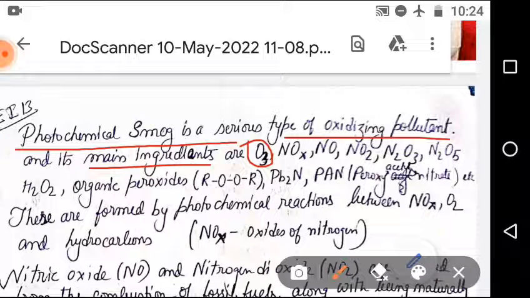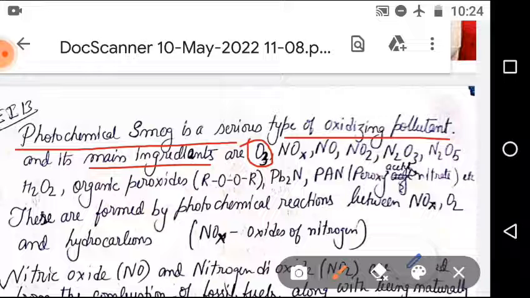But if this ozone, or O3, is found at ground level, it will cause serious respiratory problems, because ozone is needed only to protect us from the harmful ultraviolet rays, and it has no other function. If this ozone is formed within the troposphere, then what will happen? It will be inhaled by us and it will cause respiratory problems.